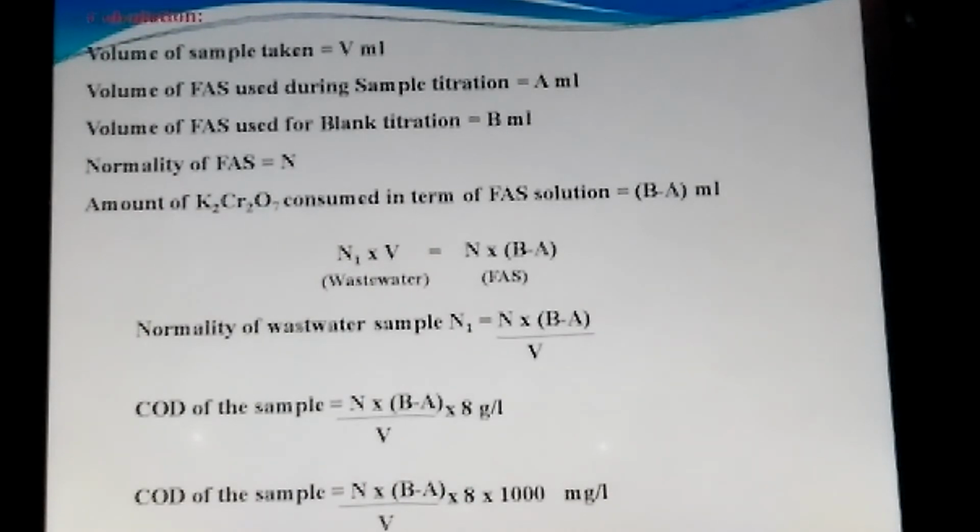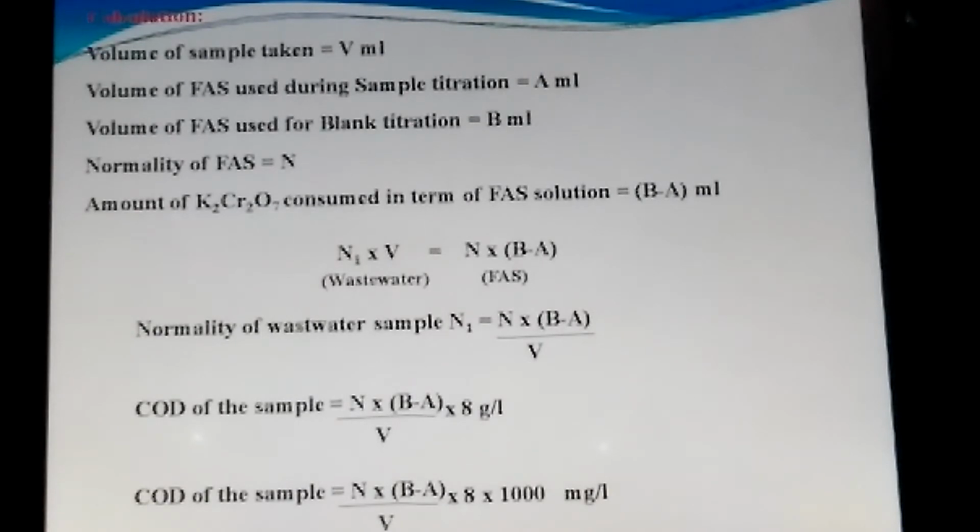This is the calculation. N1V1 = N2V2. N1V1 is used for the wastewater sample and N2V2 for the ferrous ammonium sulfate. Now the normality of wastewater sample N1 can be calculated by knowing the normality of ferrous ammonium sulfate and B minus A. What is B minus A? A is the volume of FAS used during sample titration and B is the volume of FAS used in the blank titration, the burette readings in sample titration and blank titration.